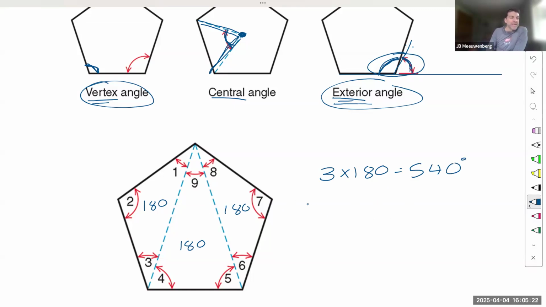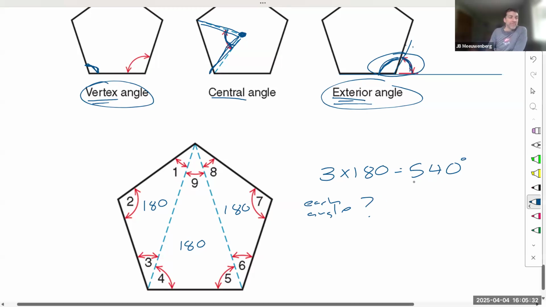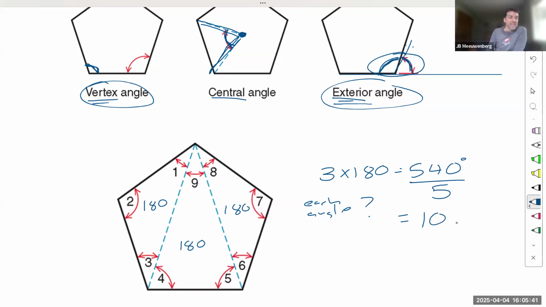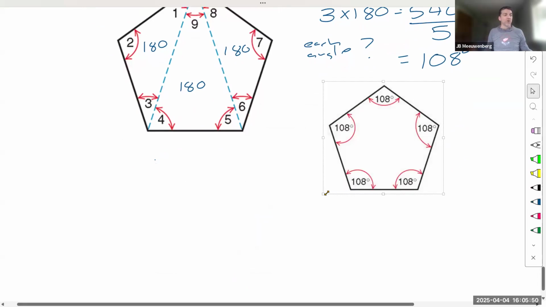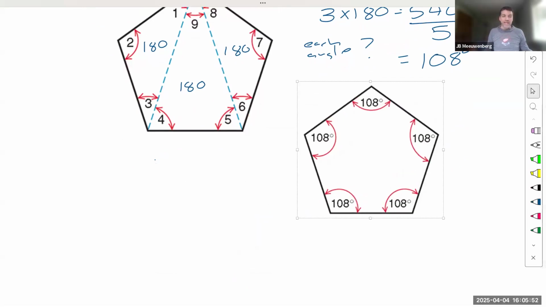So then how big is each angle in our regular pentagon? It would be 540 divided by the total number of angles, which is 5. 540 divided by 5 is 108 degrees. And so in a regular pentagon, where all the angles are the same, all of those angles would be 108 degrees.